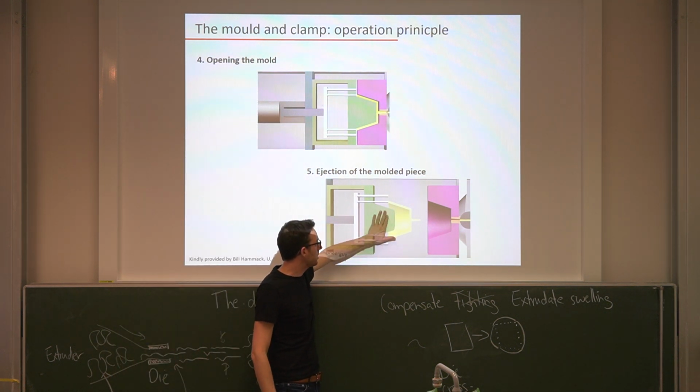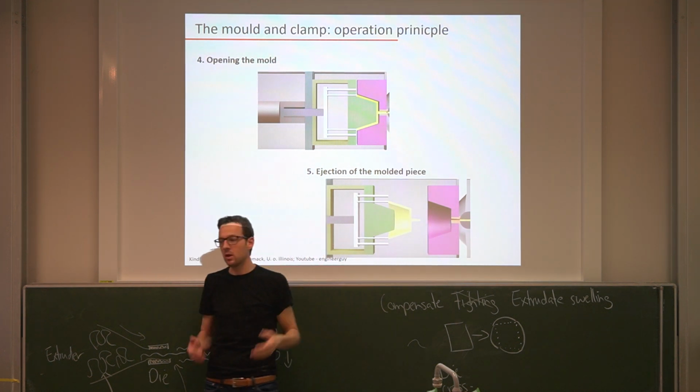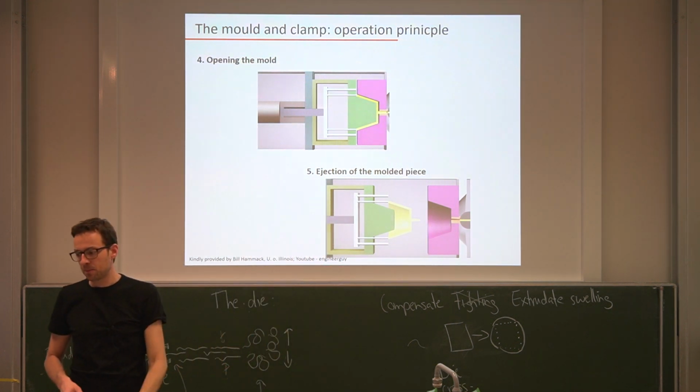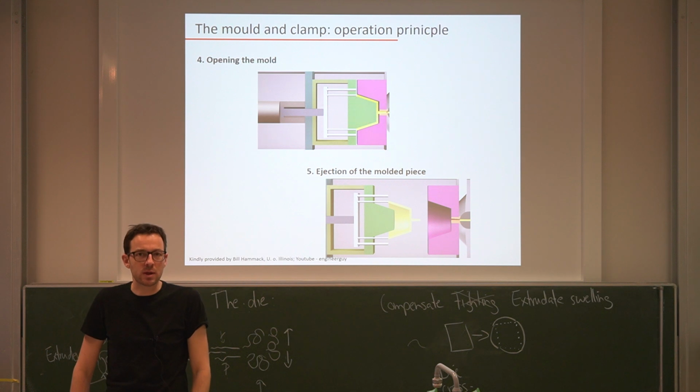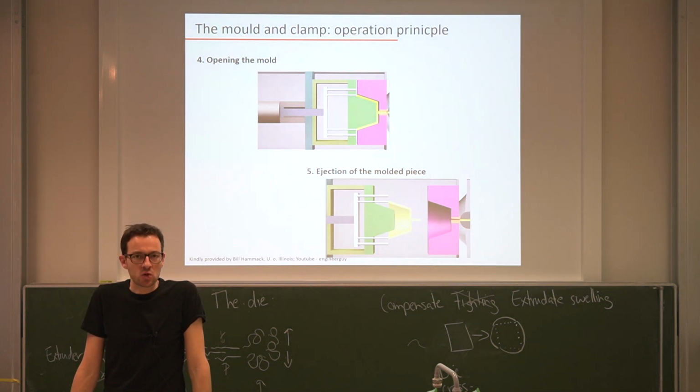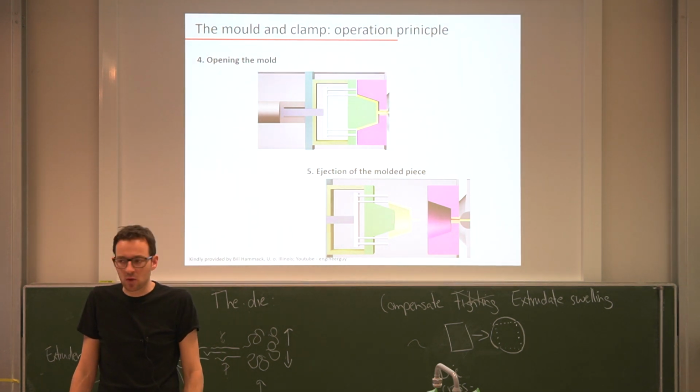And this falls down, this can close again, and then you're ready for the next process. And because you have this ejection unit, it's fairly easy to trace the injection molding process to products or polymer materials that you may have in your daily life.